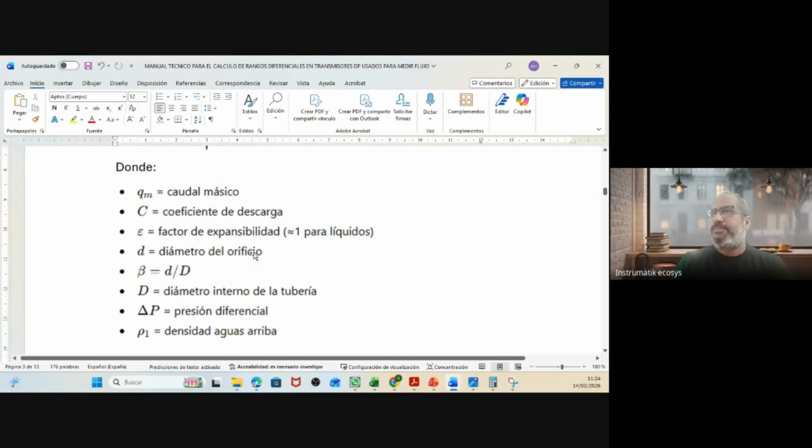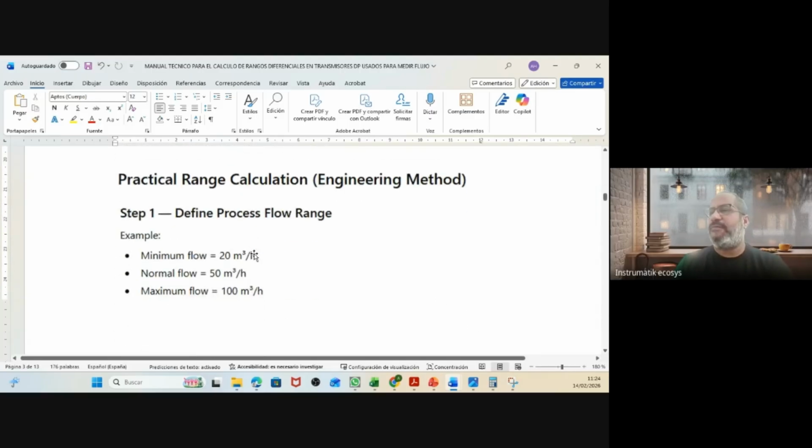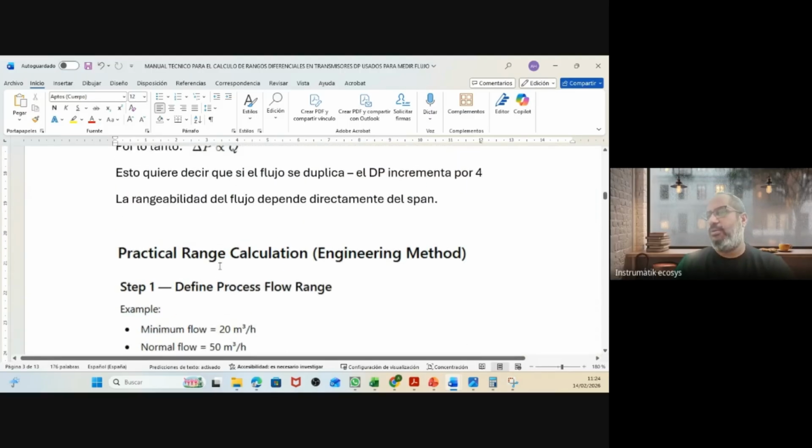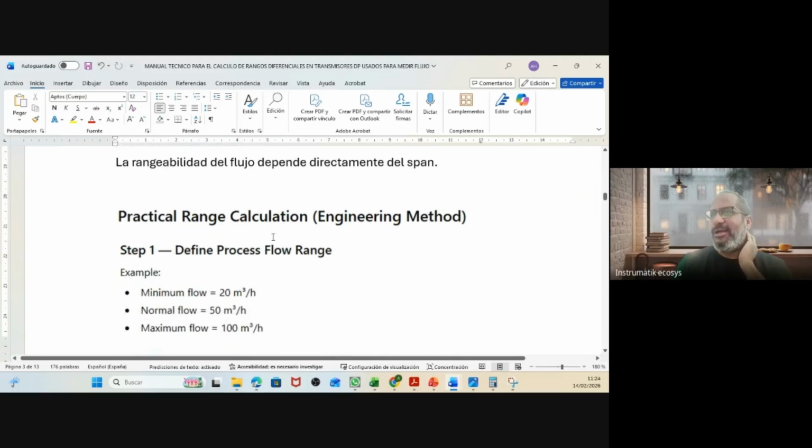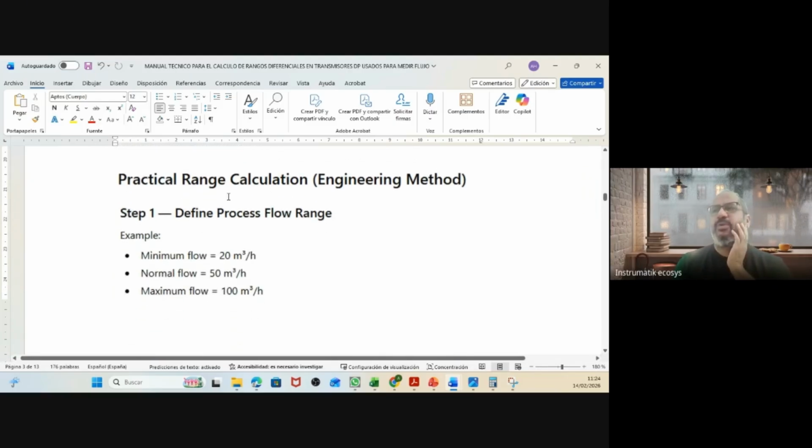So this one, let's go. From here below, everything is in English, so I think you're going to understand. This is a practical range calculation using an engineering method, and we're gonna go step by step.